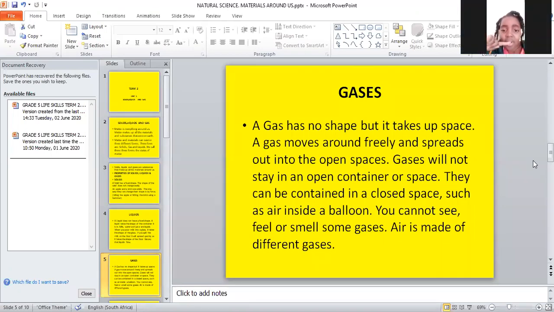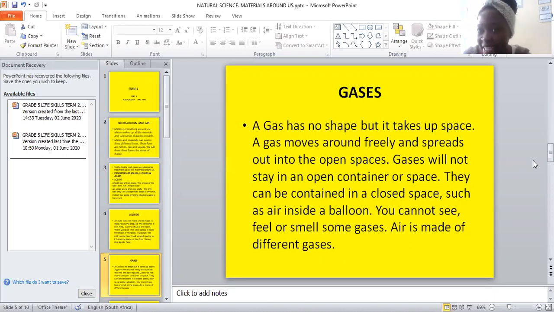A gas has no shape, but it takes up space, right? Yes, ma'am. A gas moves around and spreads out into the open.